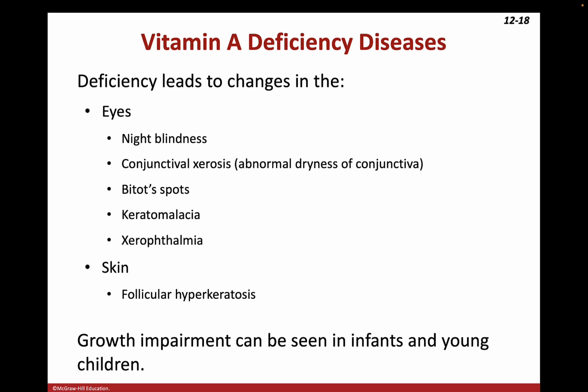As noted previously, deficiency issues within the eye are night blindness, conjunctival xerosis, Bitot's spots, keratomalacia, and xerophthalmia, and with the skin, follicular hyperkeratosis. Growth impairment can be seen in infants and young children.